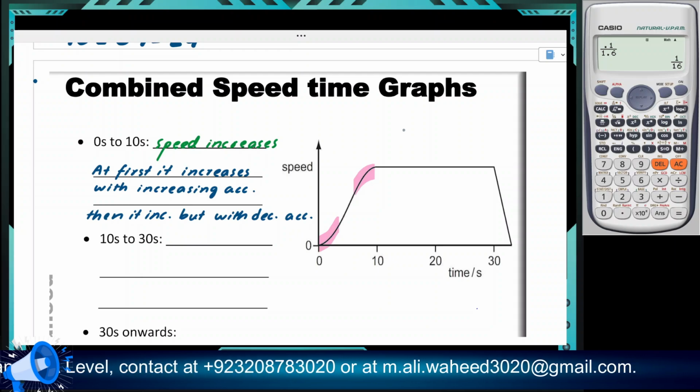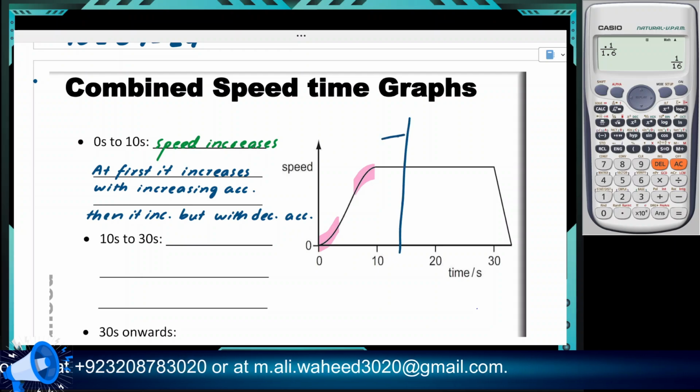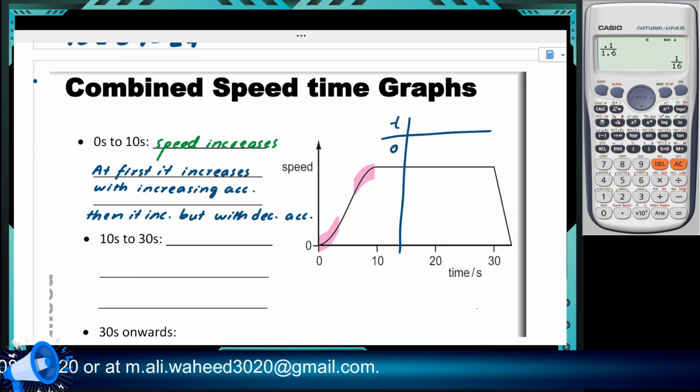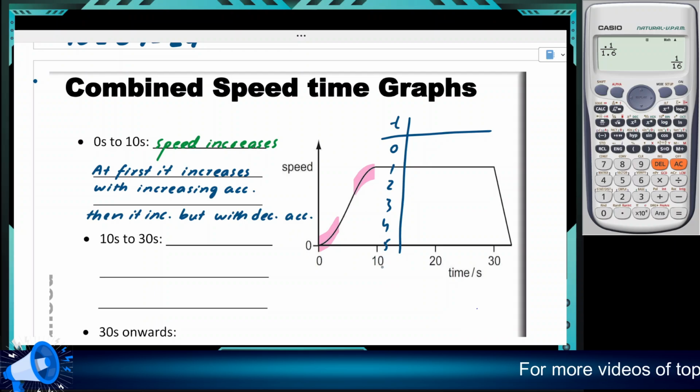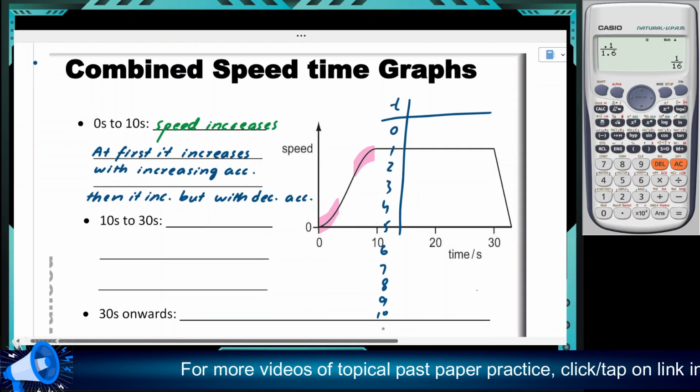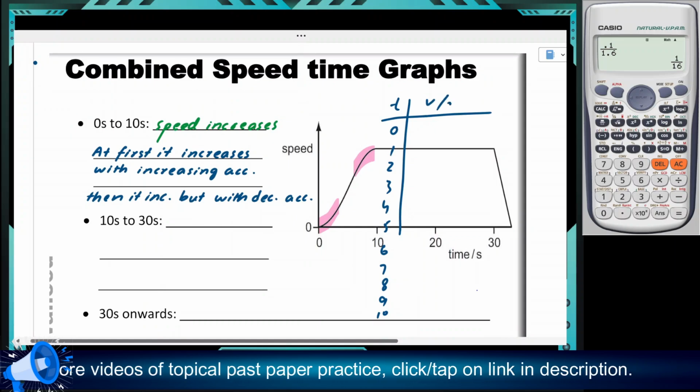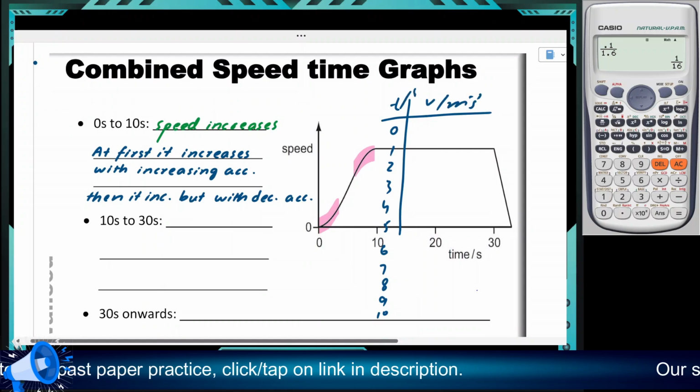So if I draw the table, it would be something like this. Let's say we have time 0, 1, 2, 3, 4, 5, 6, 7, 8, 9, 10, all the way to 10 seconds. And here we have speed in meters per second.